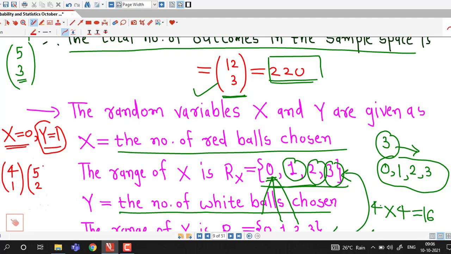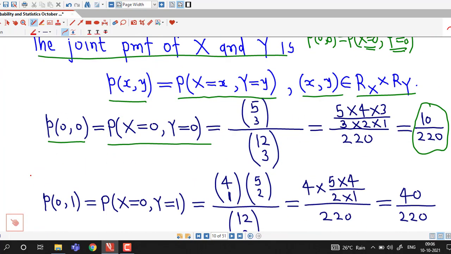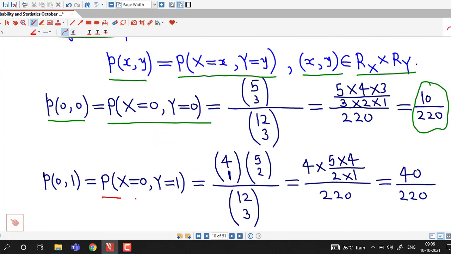So the total number of outcomes in favor of this event is 4C1 times 5C2. So the probability of capital X equal to 0 and capital Y equal to 1 is equal to 4C1 times 5C2 divided by 12C3, and after simplifying this probability turns out to be 40 divided by 220.